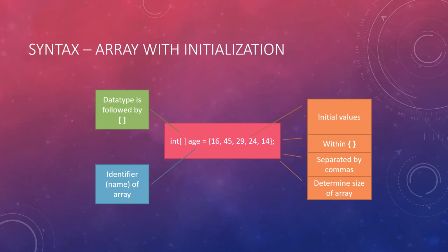I cannot say age.add to add a 6th value to that array. It is limited in size. It has been created at that size. Now I can change the values of those positions that are allocated, but I can't just add a new one. Couldn't you push a value to it like other languages?